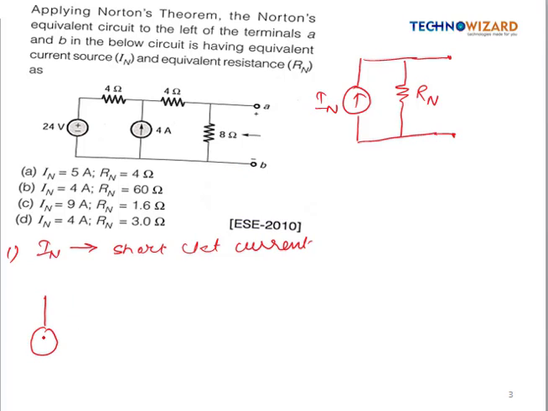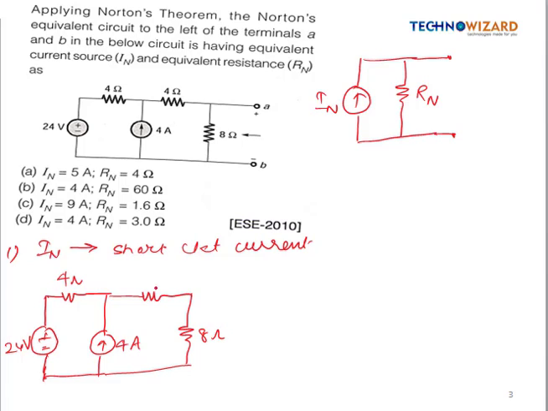This is our 24 volt battery, this is resistance R, this is a current source, this is 4 ohm, this is a 4 ampere current source, this is a 4 ohm resistance, this is 8 ohm, this is 4 ohm, and this is terminal A and this is terminal B, right? This is positive, this is negative. Now we will short these terminals and the Norton current will be in the downward direction.